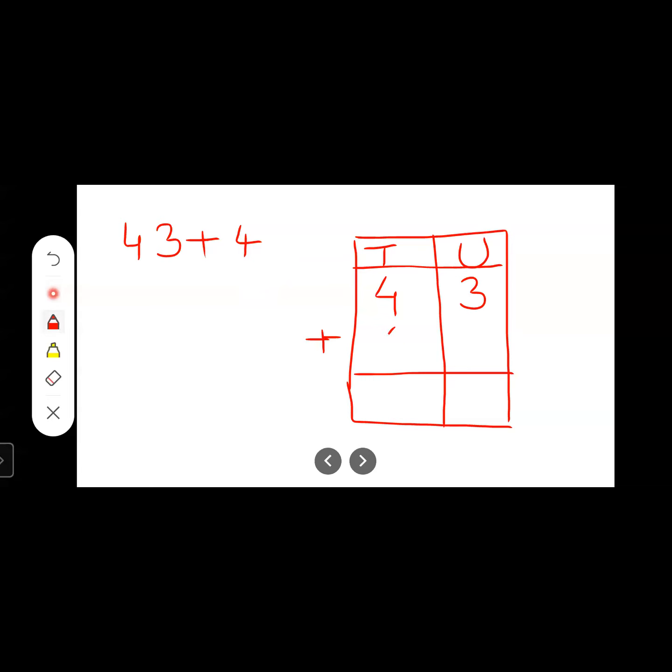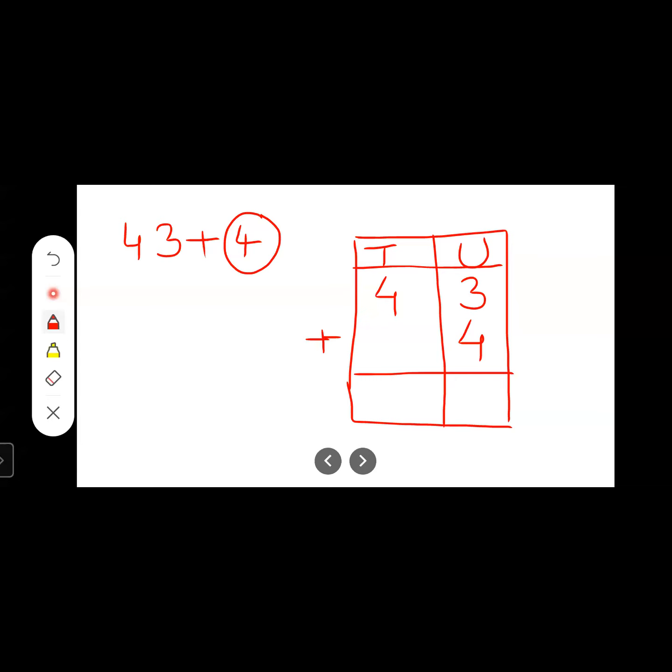So 4, we will not write it over here. This is wrong. Understood? If you write 4 over here, the teacher will give you wrong only. Because this is a single number. Single means you understand, na? One number this is. So it will always go here in the units place. Understood the difference? Very good.